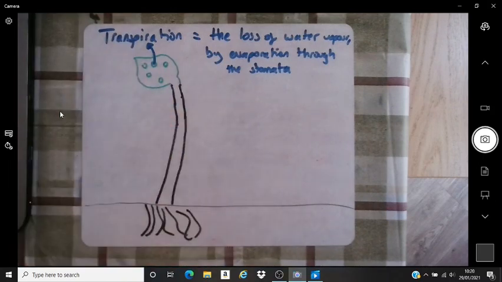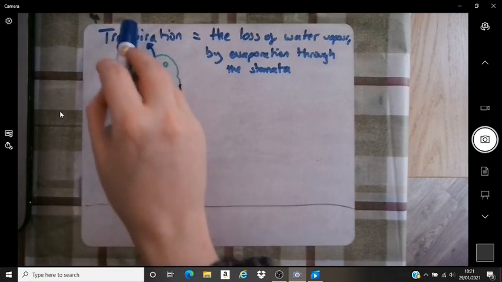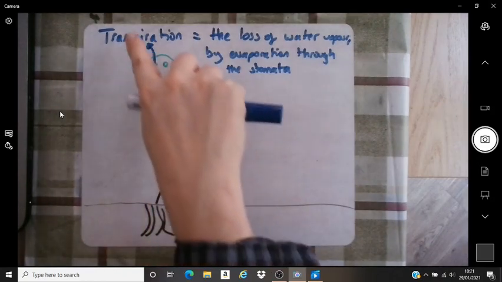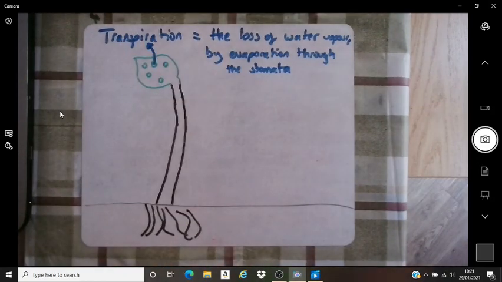So if the leaf has now lost water, that water needs to be replaced. So the really cool thing about water is that it's really, really sticky, it's very cohesive. The water molecules stick together. So if you've got water molecules next to each other and some of them leave, others will be pulled along to replace those that were once there. So this is where I can start to bring in my xylem vessel.